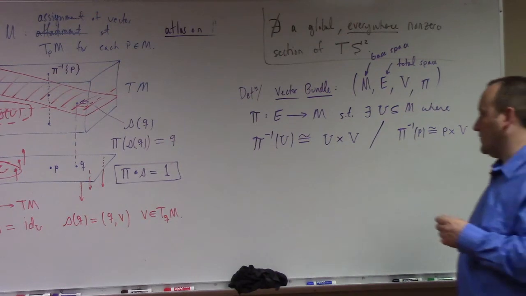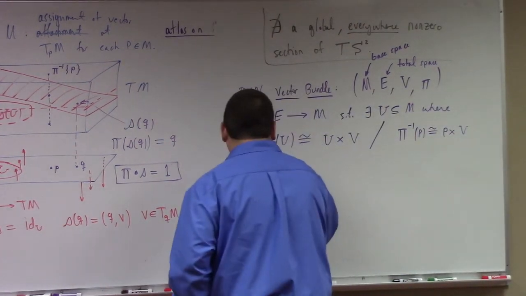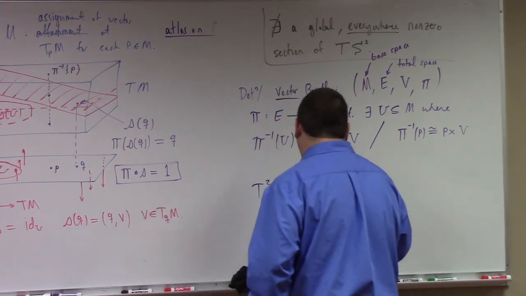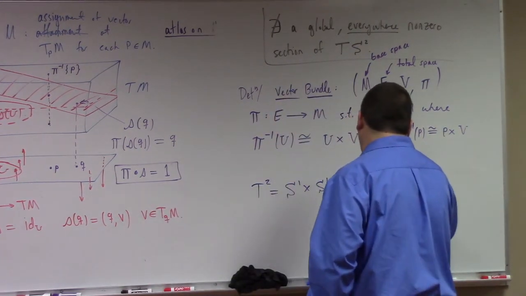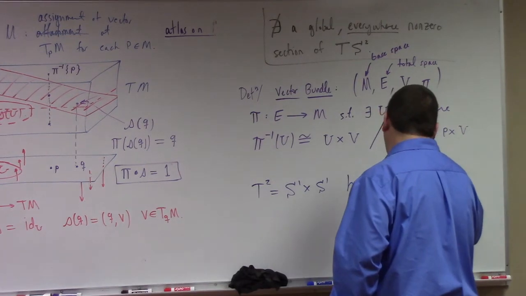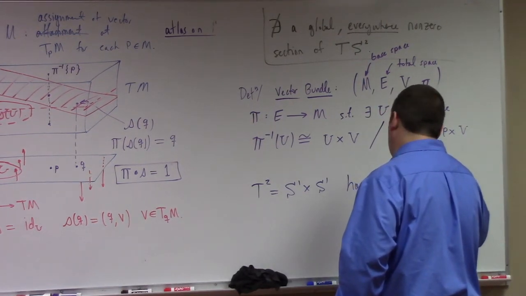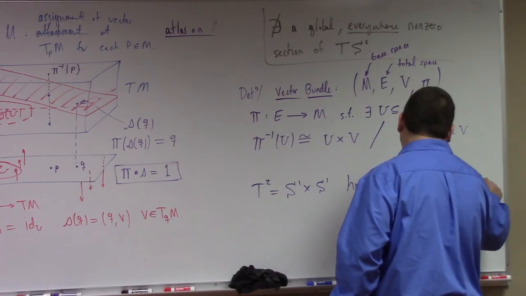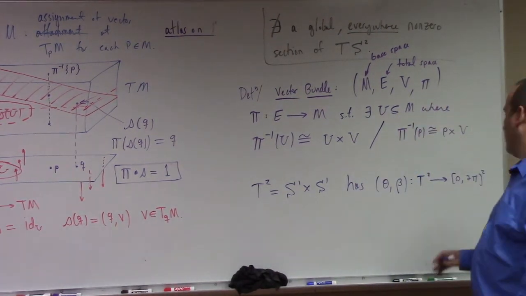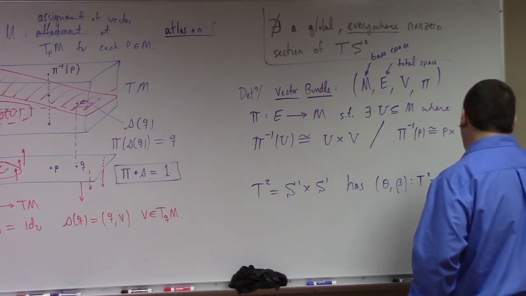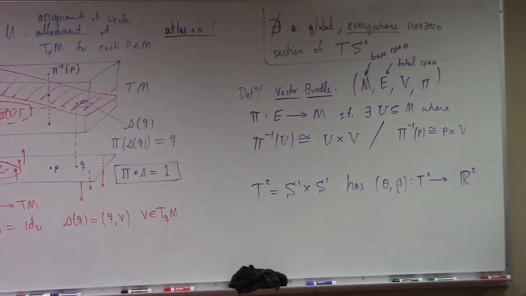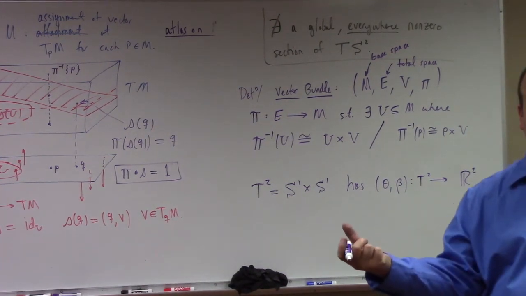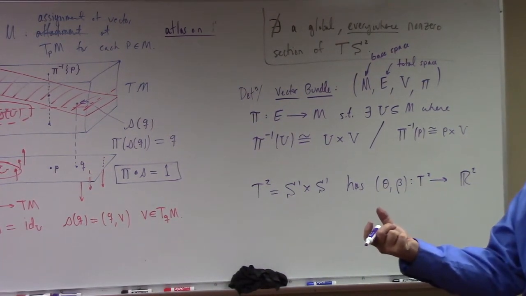Okay, so the two torus, T2, also known as S1 cross S1, has theta, beta. That's a mapping from T2 to [0, 2pi] squared, or R2 if you like. So you've got the pairs of coordinate angles. That's a global coordinate chart on the torus.